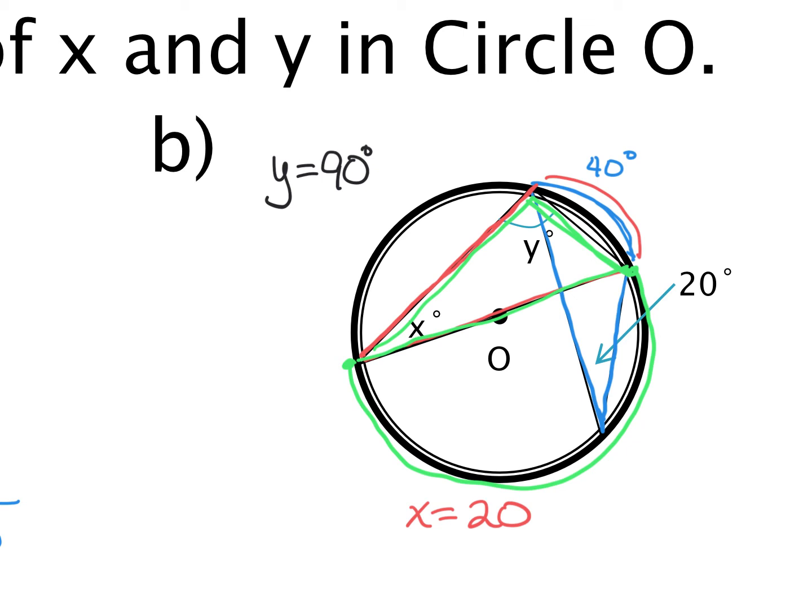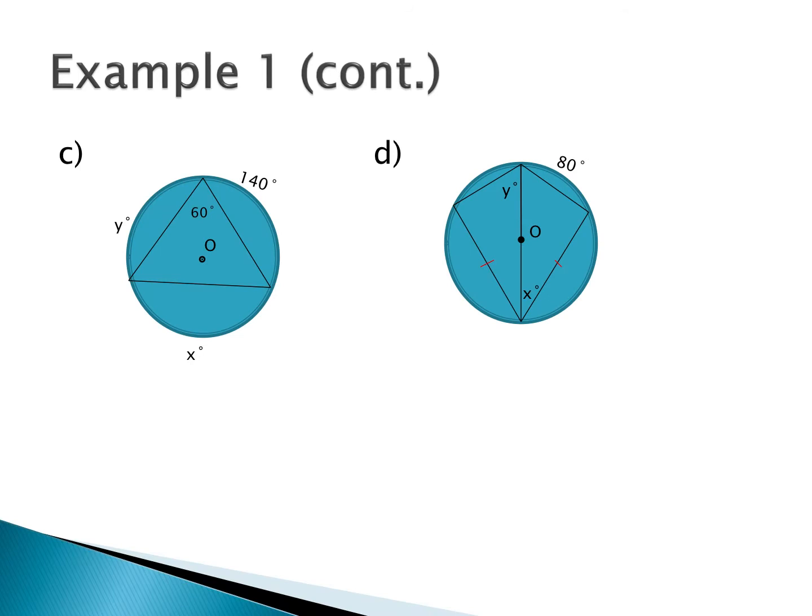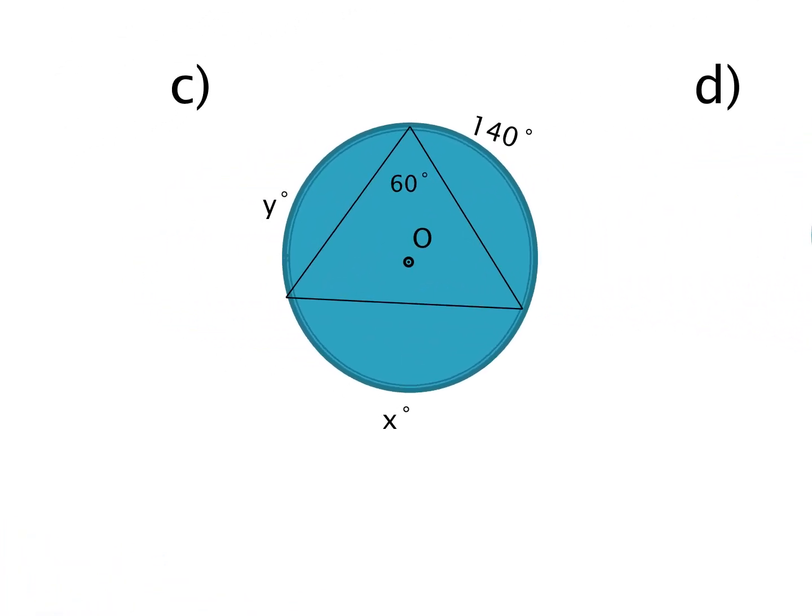All right, let's go on. Let's find how to do C. C as well, I can do this multiple different ways. So this is circle O, and I can find the measurement of the different things.